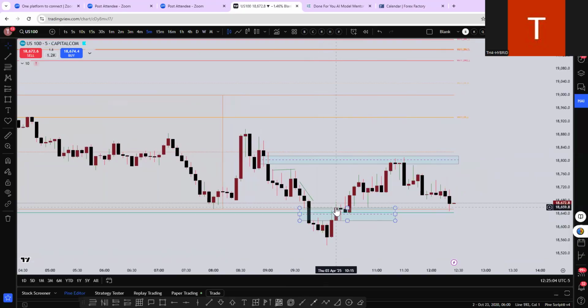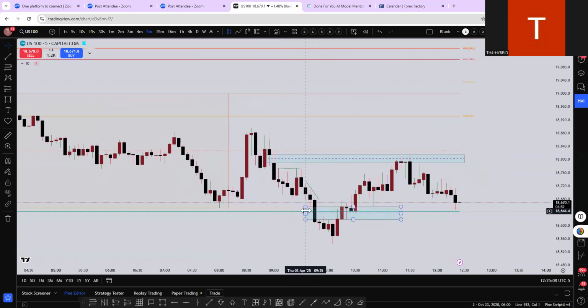Closed in, now we have a confirmation of direction. After a confirmation of direction, now I know what I want to see here. As this is trading back down, I can get into the market anywhere around this candle or around the equilibrium.